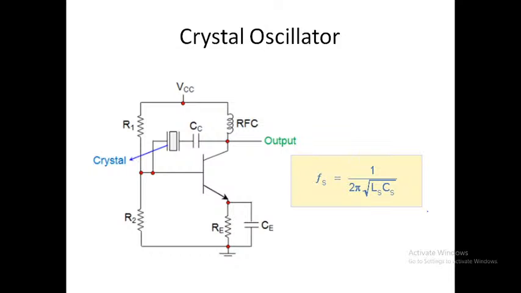Because whatever oscillations the crystal is giving you, you have to increase them, and the output frequency of the crystal oscillator will be determined by Fs equal to 1 upon 2 pi under root Ls into Cs, that is the inductor and capacitance in the equivalent circuit model. So this is in general the crystal oscillator.